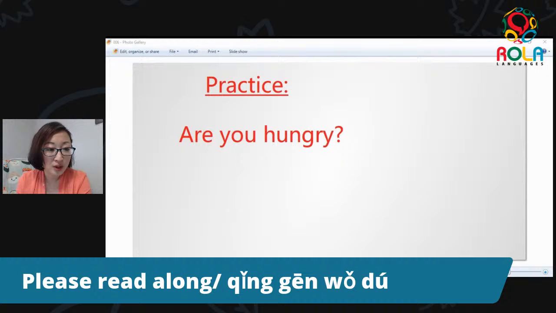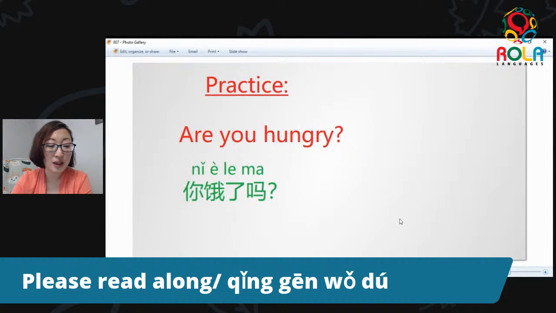Remember that magical particle that turns a sentence into a yes or no question? Ma, right? And then if we want to say you are hungry, it is 你饿了. And then we stick a ma at the end of it. 你饿了吗? Which turns it into a yes or no question. 你饿了吗? Means are you hungry? Yes, 你饿了吗? That is the answer to this one.